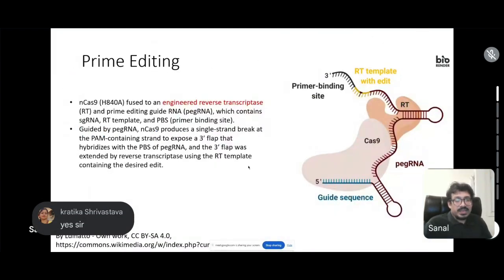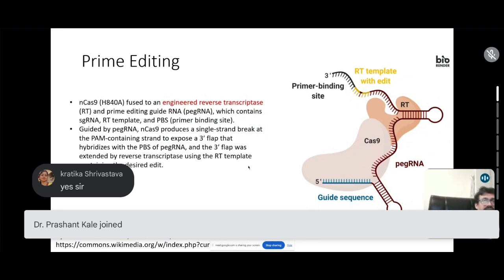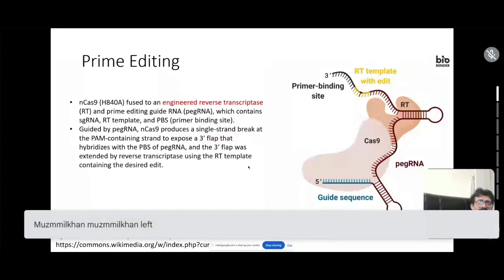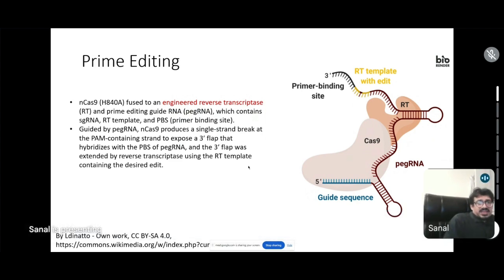Okay. Now there is something called prime editing. Essentially, this CRISPR-Cas system is like molecular scissors, which are cutting the DNA. Once the DNA is cut, the body's own system is prepared for a DNA repair.